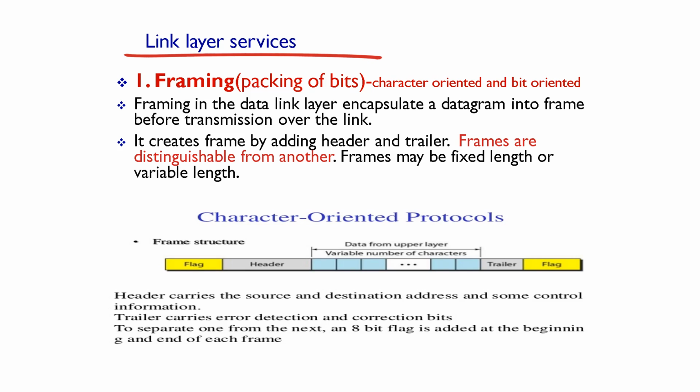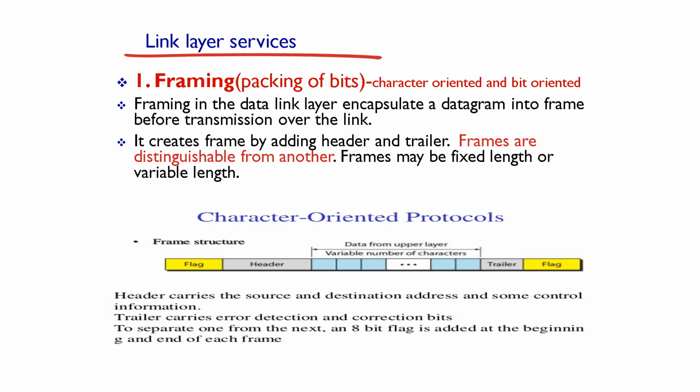The frames are distinguishable from one another. That is, one frame must be separated from the other frame, because the frames may be fixed length or variable length. So we need to put some identification flags in between two frames.